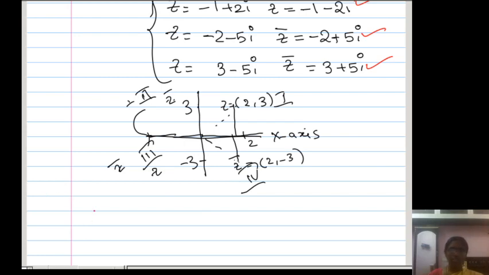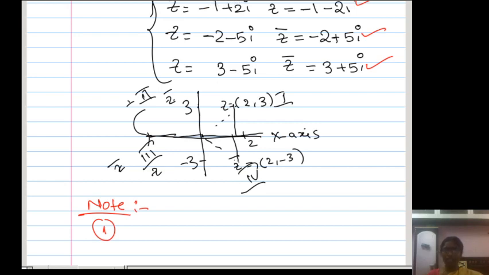I think you understand. Now we have to write some note points, some important points. What is the first note? You may have a doubt: yes, madam, you explained when Z is present in the first, second, third, or fourth quadrant.